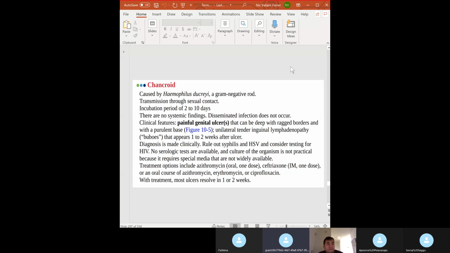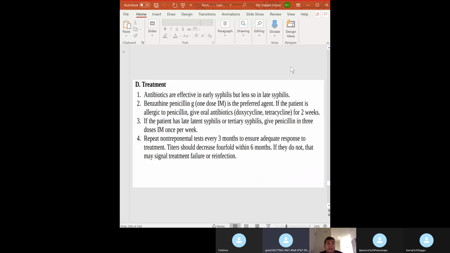Oh, we spoke about the treatment for syphilis and stuff. For syphilis, antibiotics, right? Benzathine penicillin, right? 1 dose IM. If the patient is allergic to penicillin, give tetracycline. Okay? If they have latent or tertiary syphilis, a disseminated one, you give penicillin in 3 doses IM.